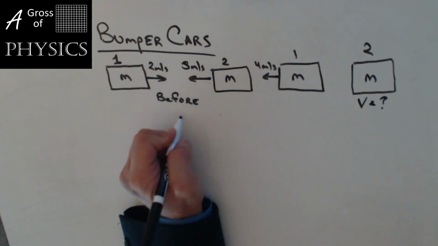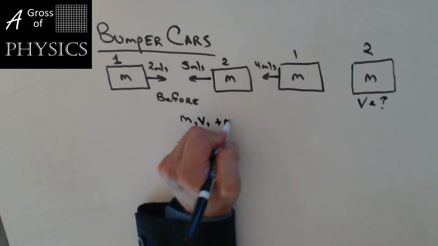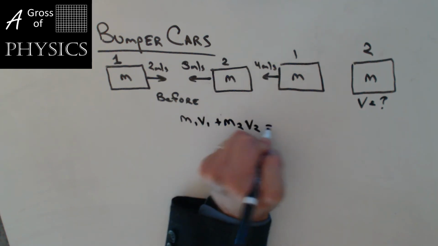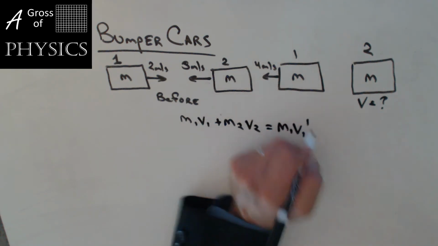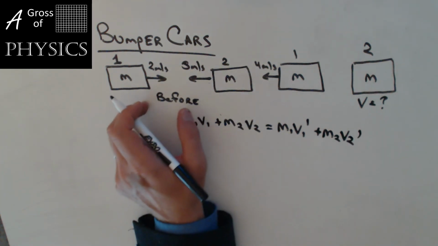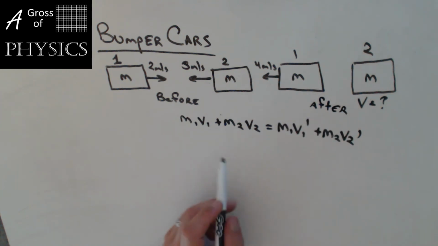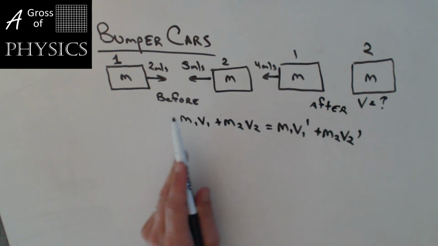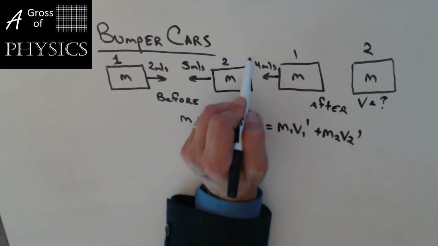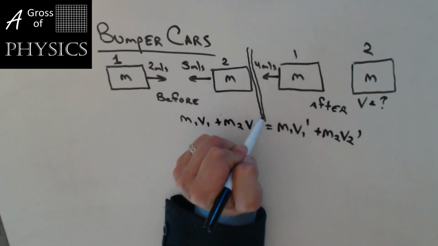And if we look at our equation, m1 v1 plus m2 v2 equals m1 v1 prime plus m2 v2 prime. This was our before side. This was our after side. If you set up your givens list within a diagram like this, all you have to really do is separate it at the equal sign.